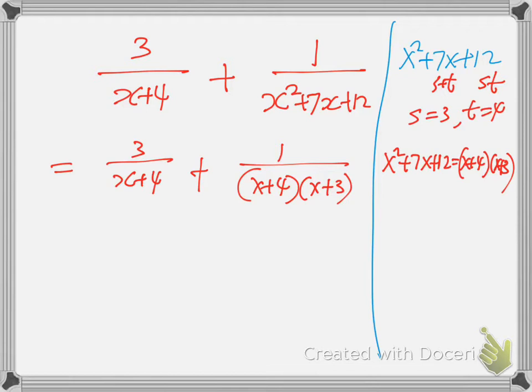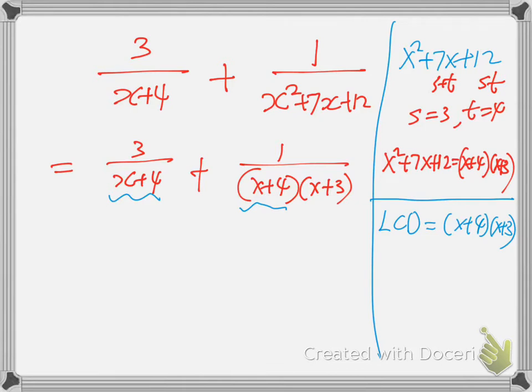After you factor the denominator x squared plus 7x plus 12, you can see x plus 4 is in both. So what's the LCD of the denominators? The LCD is just the second denominator. We need a common multiple of the two denominators, so we just need to change the denominator to this LCD.